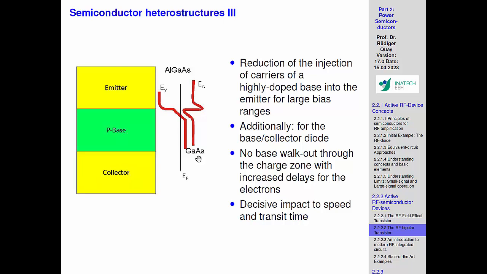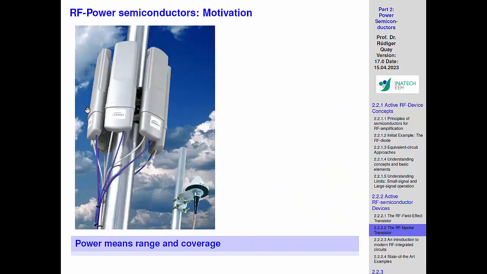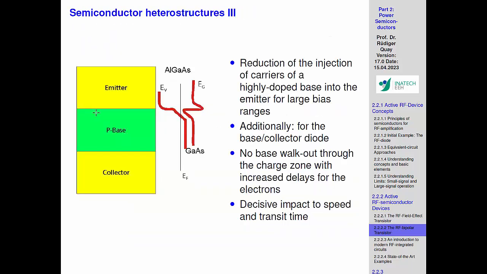Then there was a second Nobel Prize winning idea, and that is why we also look at these heterostructures in the vertical dimension, because there's some trouble with this doping. So at some point, as we already discussed in parts, when we use that argument to get the electrons out of the emitter into the base, that's fine.